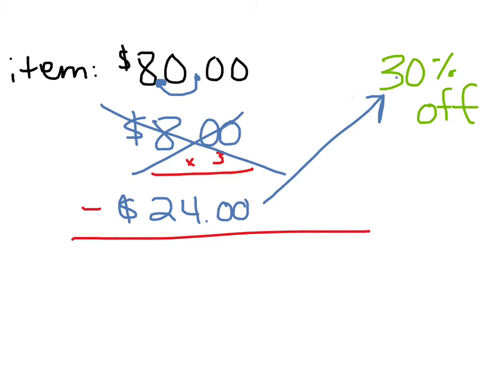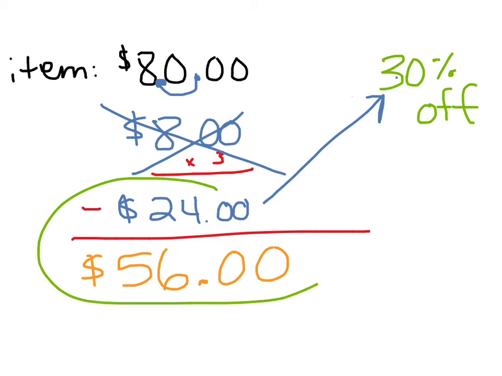And if we do that math, 80 minus 24, I believe that is 56. If you're ever not sure about your basic addition or subtraction, you could always take these two and add them back together. So 24, 4 and 6, that's a 10, carry the 1, 80, yep.